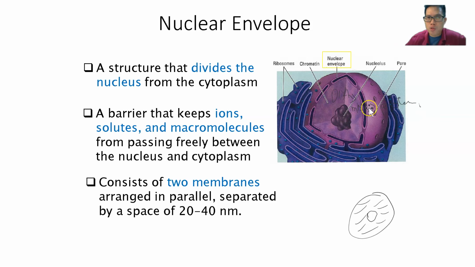They need to pass through this to be translated into a protein, an active enzyme, a structural protein or things like that. The membrane also prevents solutes and macromolecules from passing freely between the nucleus and the cytoplasm. This is very important, especially for large cells like eukaryotic cells, to have more control over the cell.